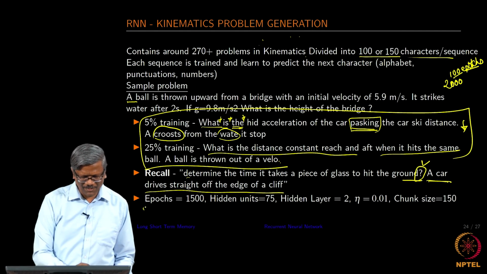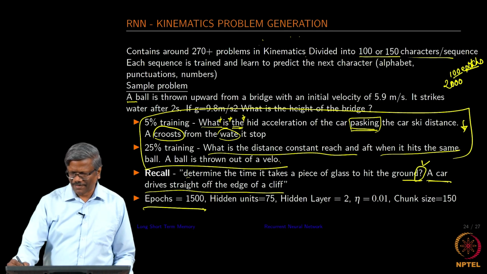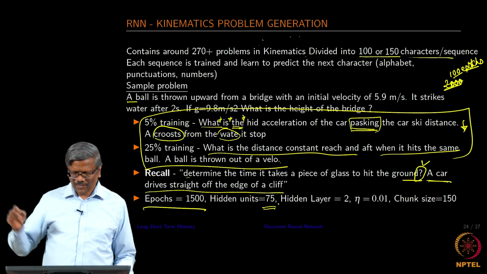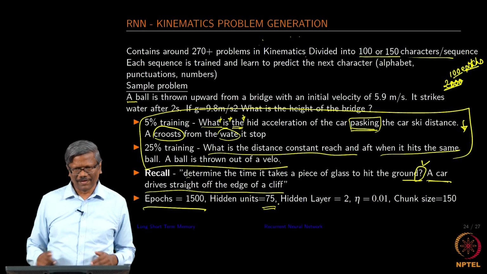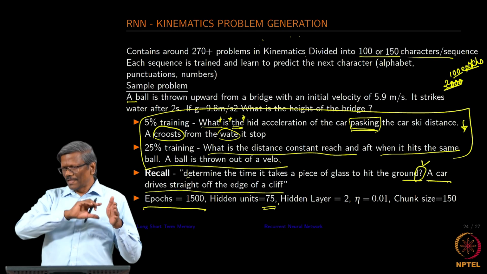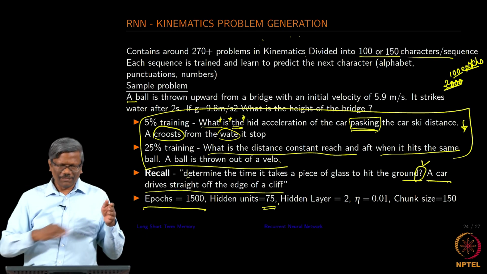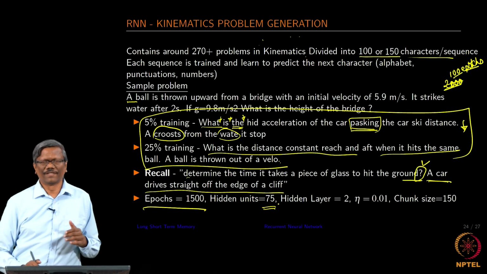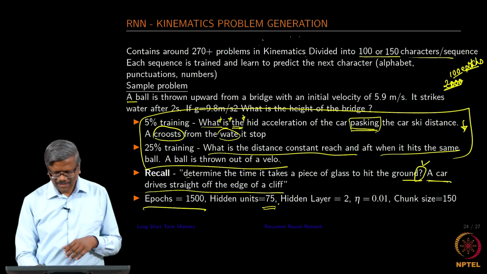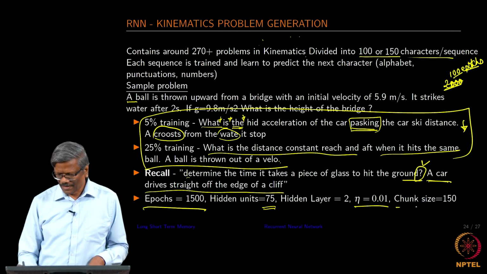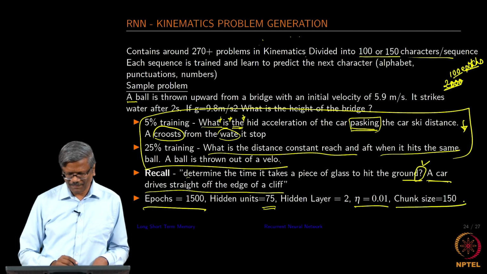In this case I have used about 1500 epochs, not 2000, and I have the hidden units as 75, and 2 layers. So, when you unwrap, there is one layer and one more on top of it, and they are all connected like this and also vertically up. Then I used the learning parameter as 0.01 and my chunk size is about 150.